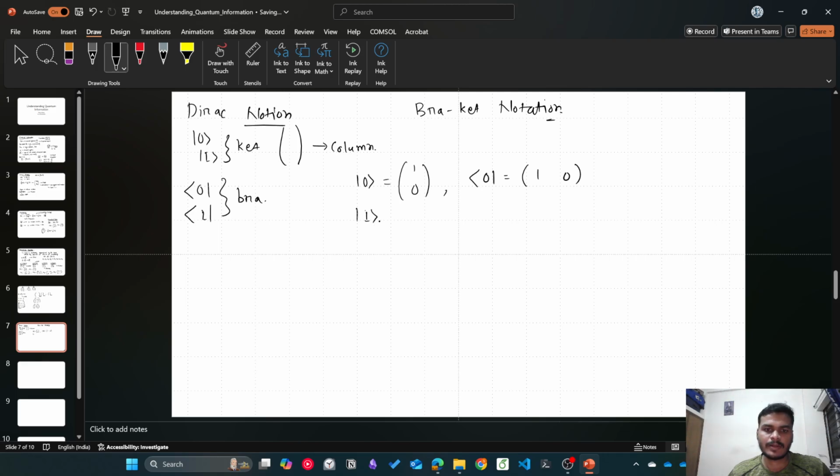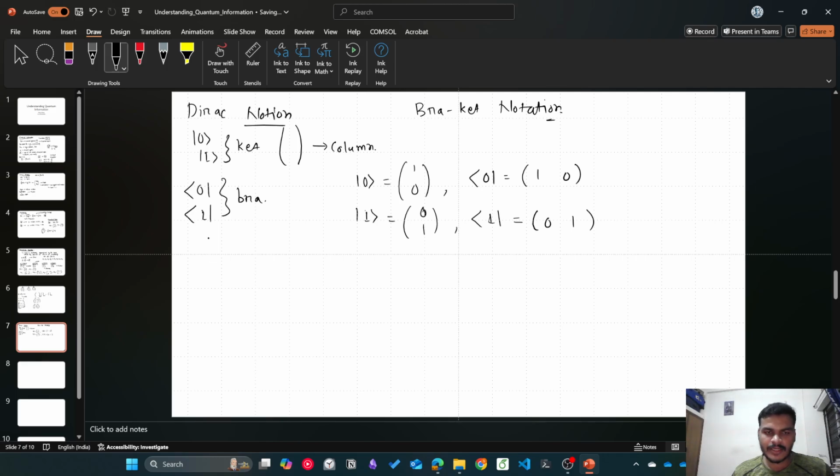Similarly, our ket 1 is 0 1, so the bra will be represented as 0 1.